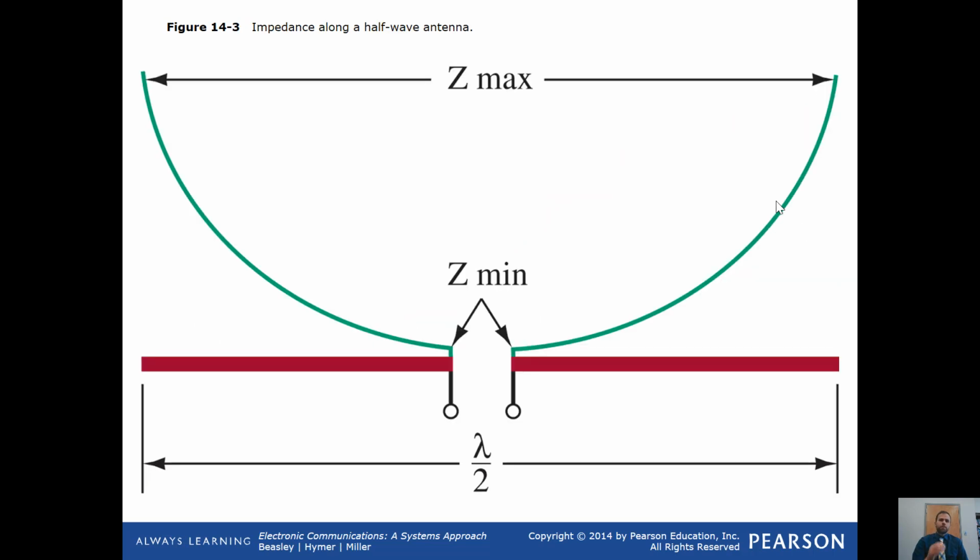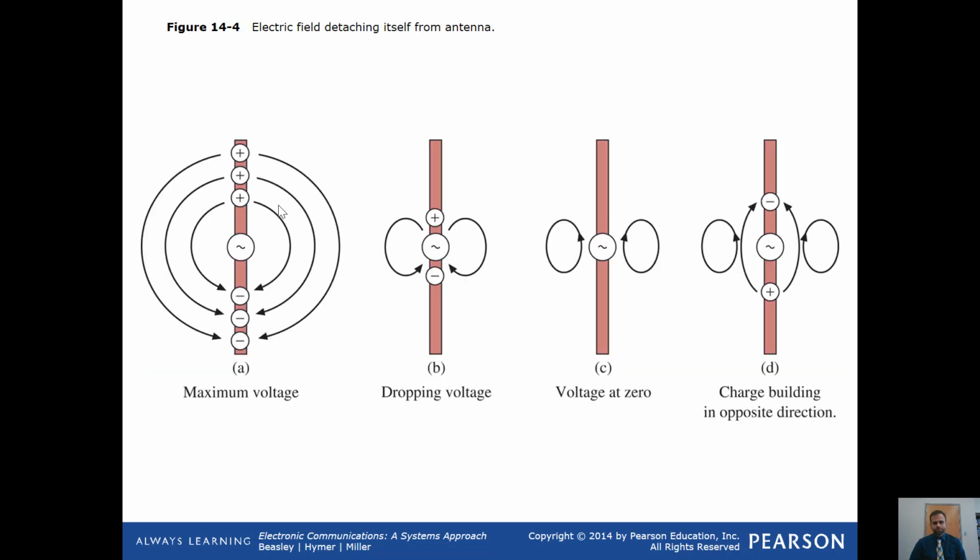And then here's where Z max occurs, where you have your lambda over 2, and where your capacitive reactance equals your inductive reactance, and then you end up with a purely resistive or real component, giving you maximum power transfer.